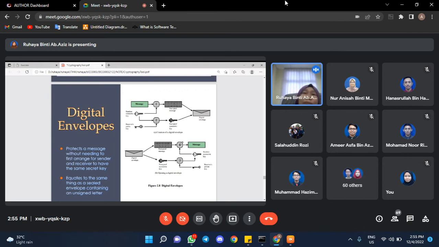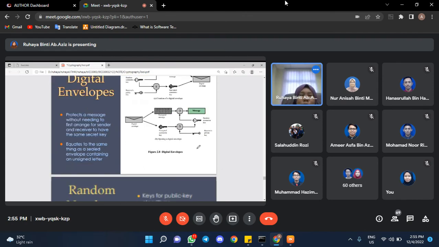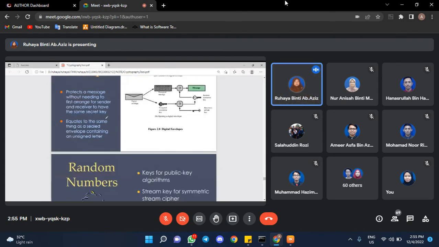Lebih kurang macam you send email kan, to your friend. Dia macam email tu macam envelope dia hantar. Dia kata equate to the same thing as a sealed envelope containing an unsigned letter, lebih kurang.